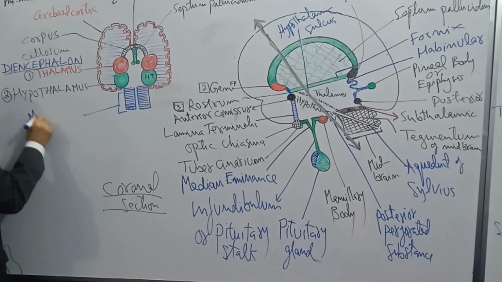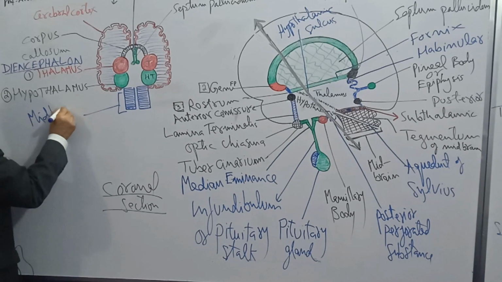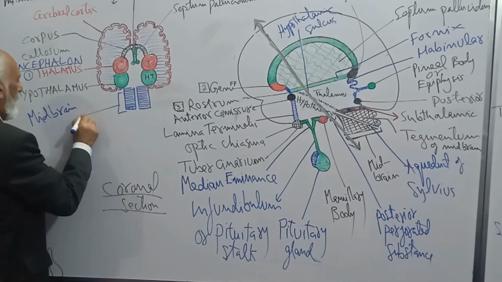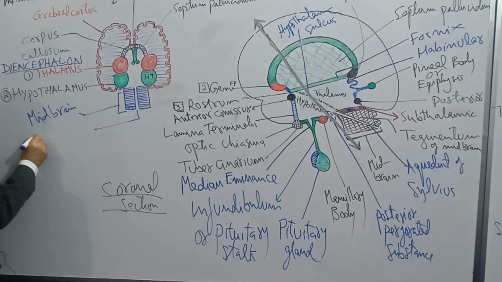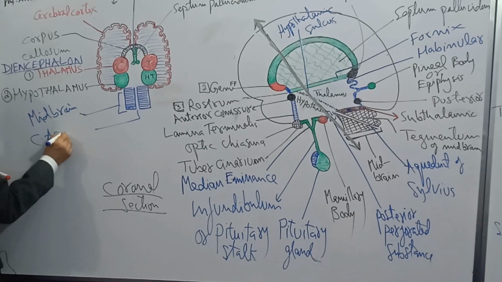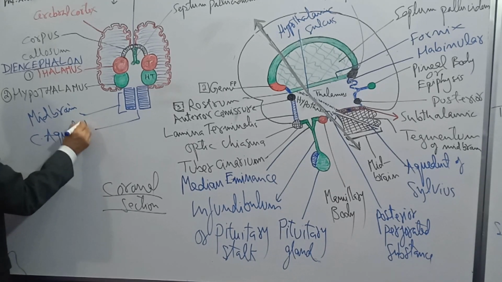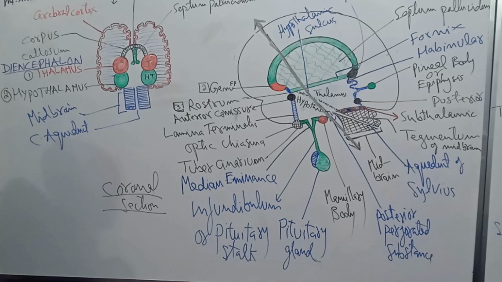This is the midbrain. And this is cerebral aqueduct, which connects the third with the fourth ventricle.